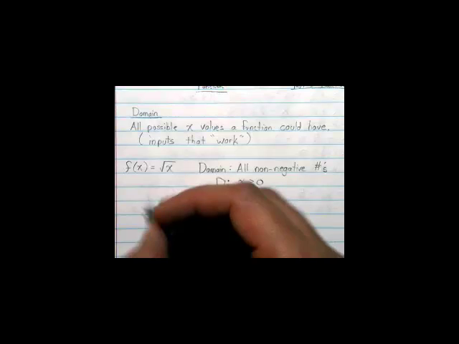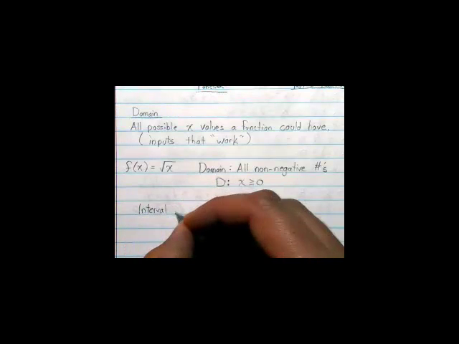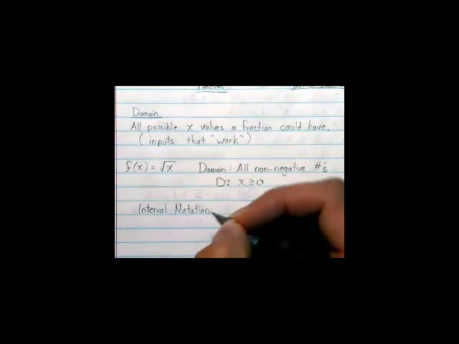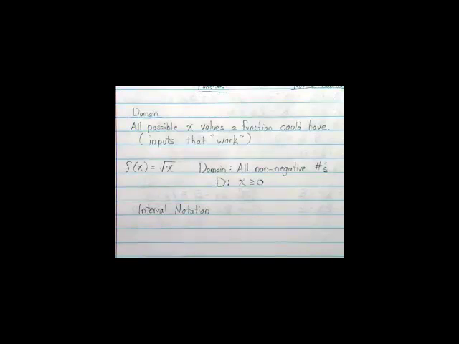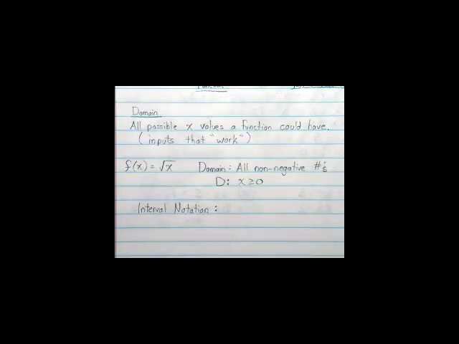The way that interval notation works, basically it's a way to take anything that's an inequality and write it in a more concise way, and it describes an interval.